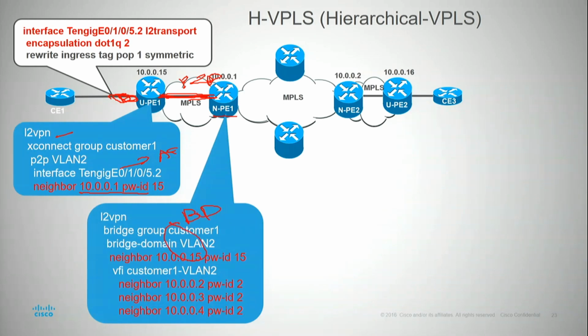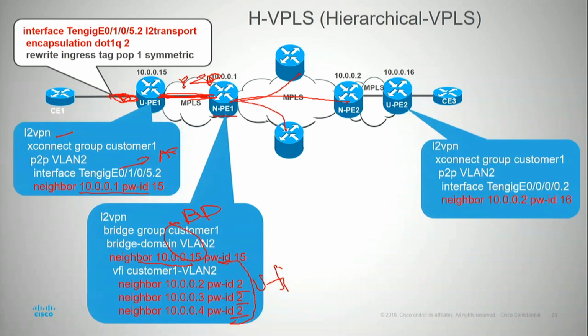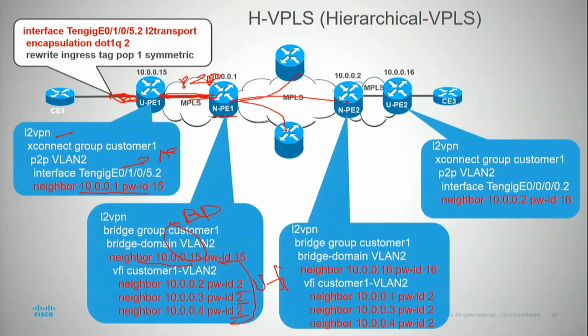This IP address belongs to the user PE, and here under VFI we have configured the remote PE devices' IP addresses with their pseudo wire IDs. So we can see that we are forming pseudo wires with remote PEs. The same is done on the remote side.